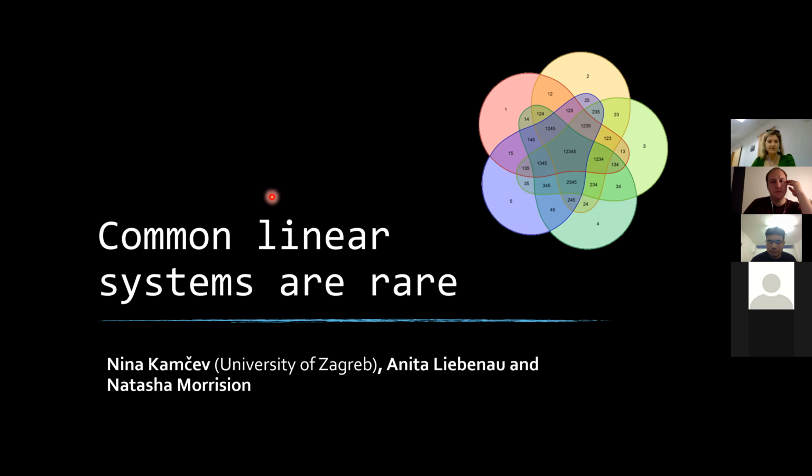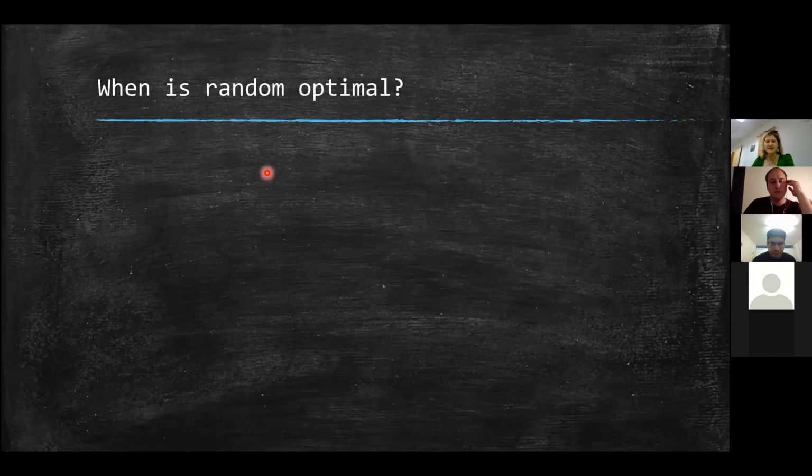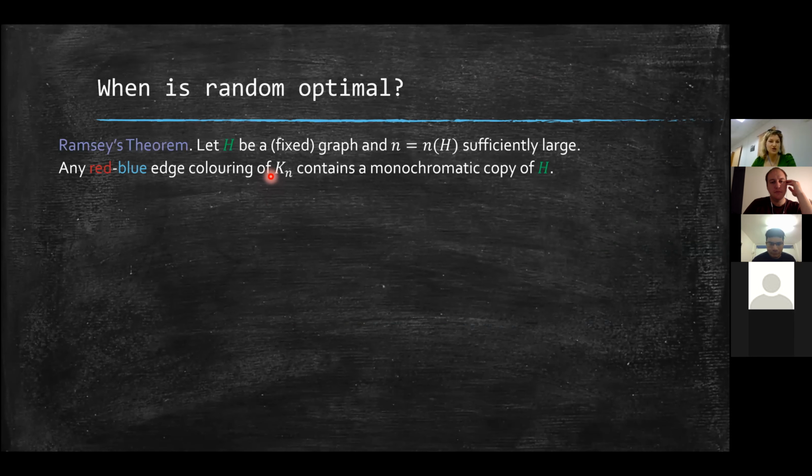So we start from Ramsey's theorem. We're considering edge colorings of a complete graph, and we're looking for a monochromatic copy of a given fixed graph H. For instance, H could be a triangle. Ramsey's theorem says that as soon as your complete graph is large enough in terms of H, you are guaranteed to find a monochromatic copy.